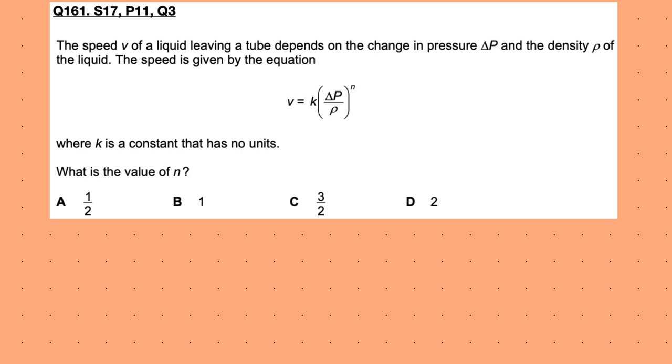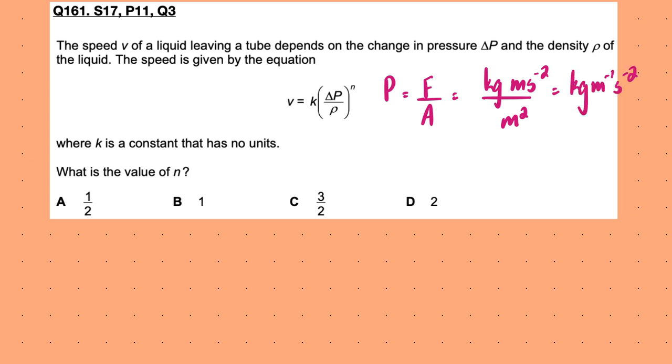But for pressure, I'll have to work this out if I do not remember it. And especially in paper 2 questions, you should work them out even if you do remember them. So pressure, force over area. Force is kg meter per second square. Area is meters square. When this denominator goes to the top, this becomes kg per meter per second square.